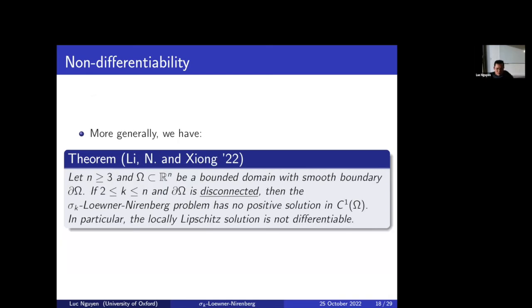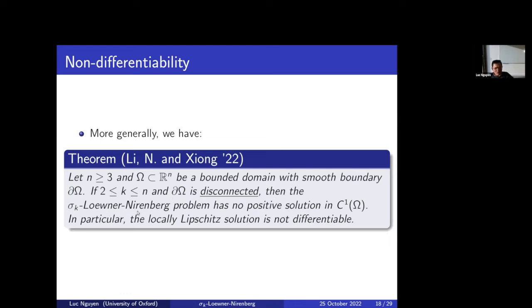Okay, what about the general case? In the general case, we proved the following with Yan and Jingang Song this year. Let n be 3 or higher, and let omega be a bounded domain with smooth boundary. Suppose that k is 2 or higher, and suppose that the boundary of omega is disconnected. The disconnectedness of the boundary is essential in our proof.